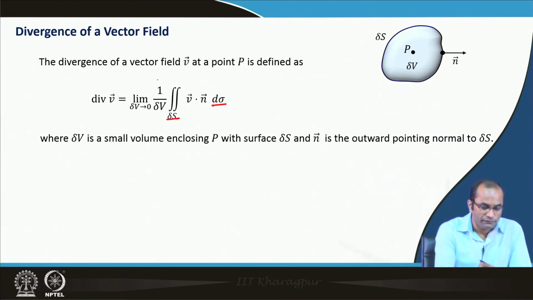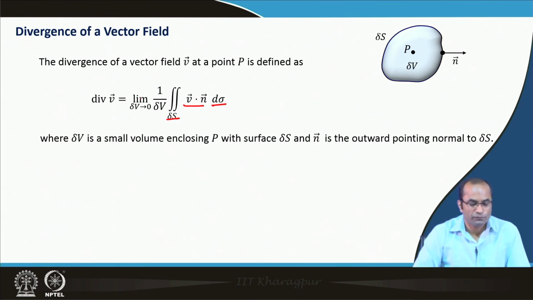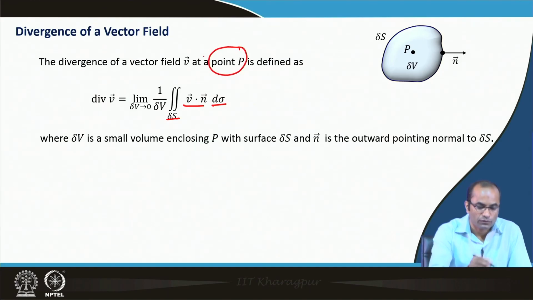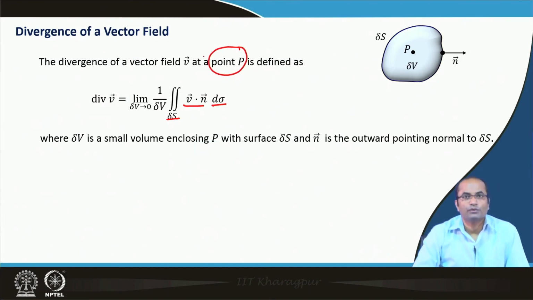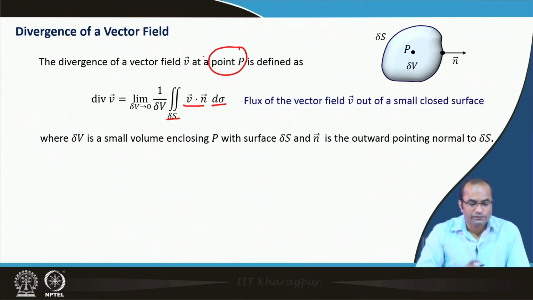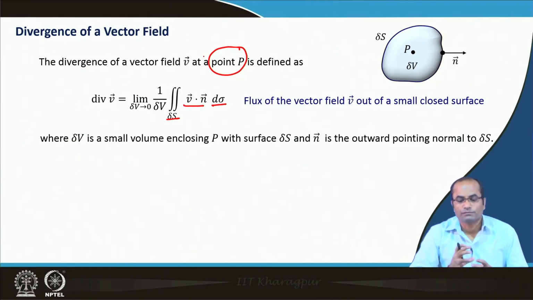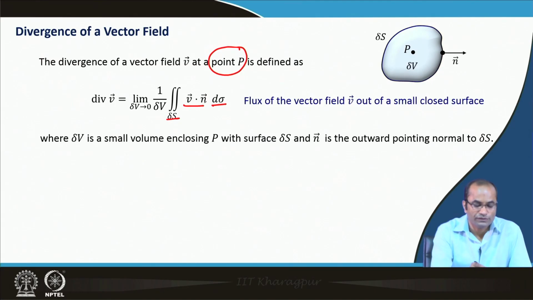So, this is one divided by the volume, and this surface integral is done over this V dot n, and here again the limiting situation we will be considering, that what will happen when delta V approaches 0. So, that is actually we are talking about the divergence at a point P. Well, so here we can understand this as the flux of the vector field V out of a small closed surface, because we are talking about this V dot n.